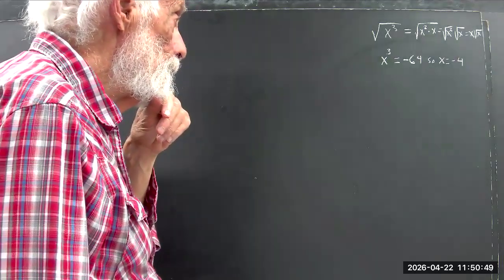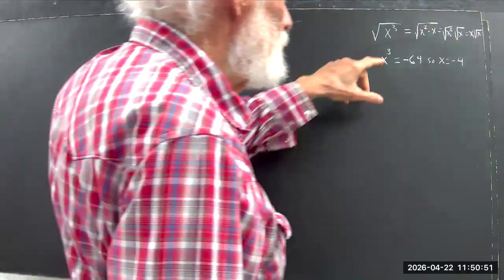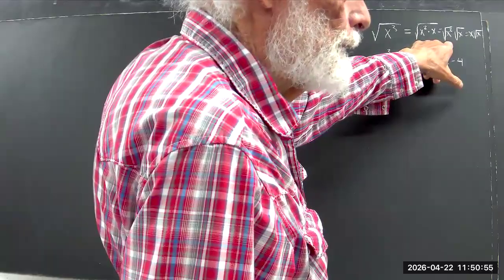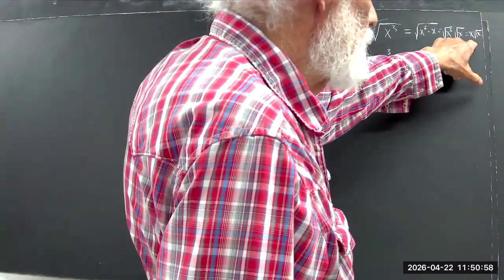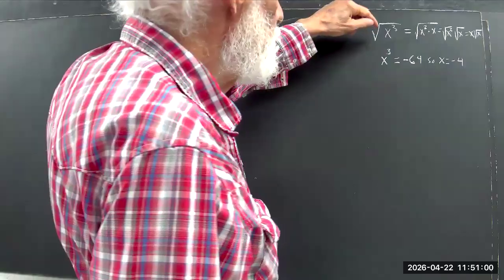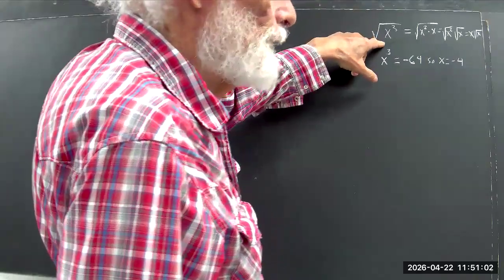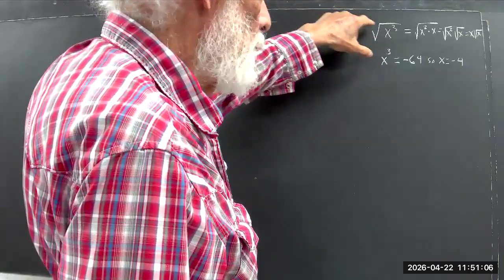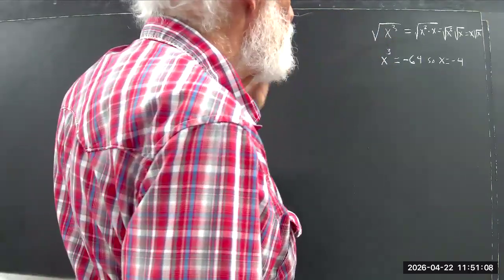Still, well, that's all there is to it. Since you can't do the square root of a negative, this can't be done. Also, of course, if x is a negative number, x cubed is a negative number, and you would know immediately that you have a square root of a negative number.